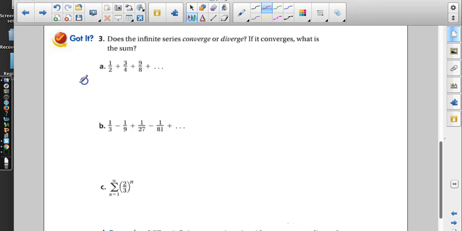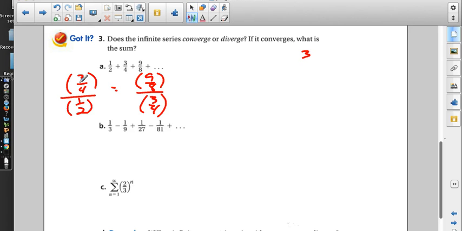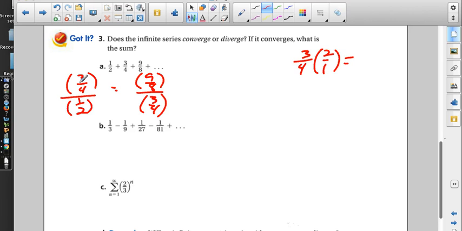So is 3/4 divided by 1/2 the same thing as 9/8 divided by 3/4? If we have 3/4 divided by 1/2, we take 3/4 times 2 over 1, do a little cross reducing, and we get 3/2.